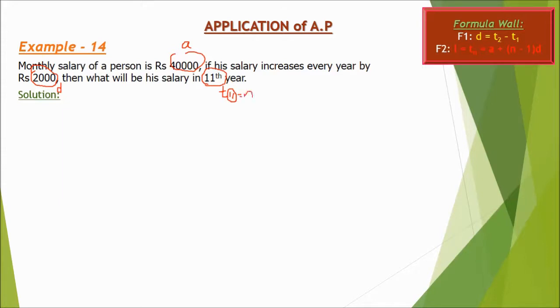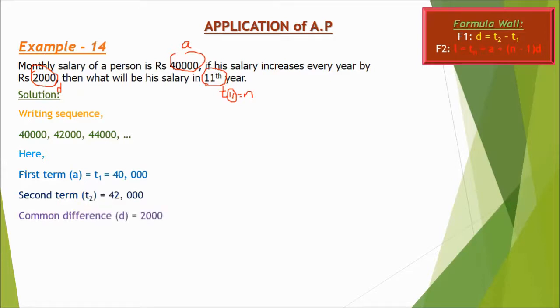Now let's write the sequence: in the first month of the first year it is 40,000, in the first month of the second year it will be 42,000, and the first month of the third year 44,000, and so on. The first term A is 40,000, and we can directly write the common difference as 2,000 without writing the second term.